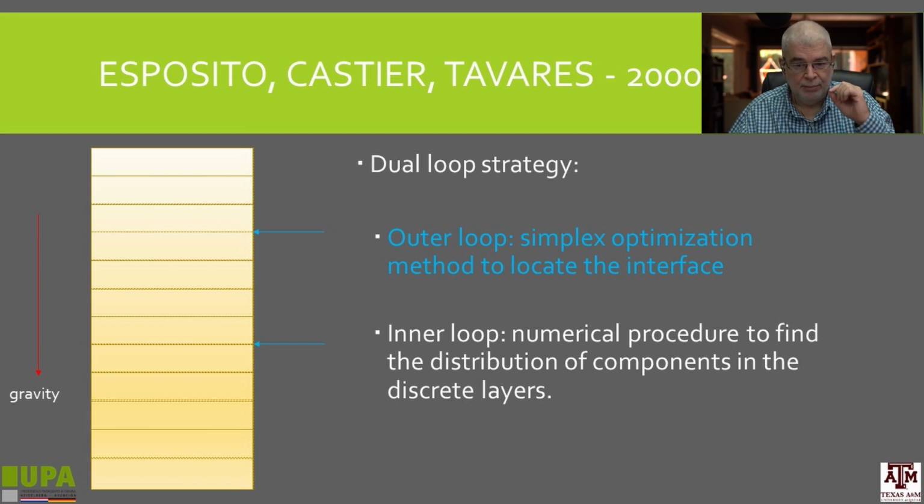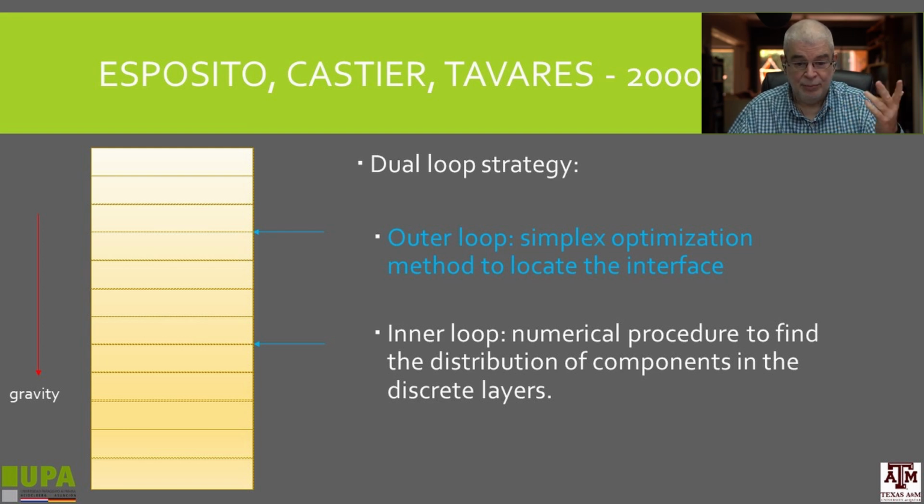And why is positioning the interface so important? It's very important because if the interface falls in the middle of a layer, then the density of this layer will give origin to a negative pressure, for example, and you have an unrealistic pressure profile. So positioning the interface exactly is of crucial importance.